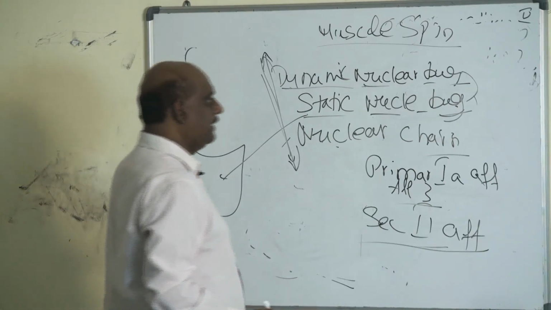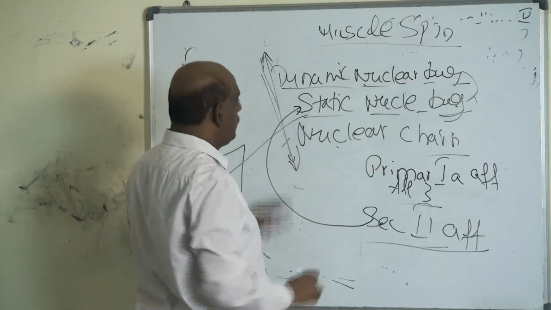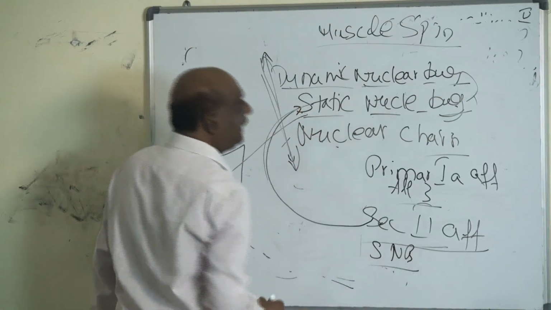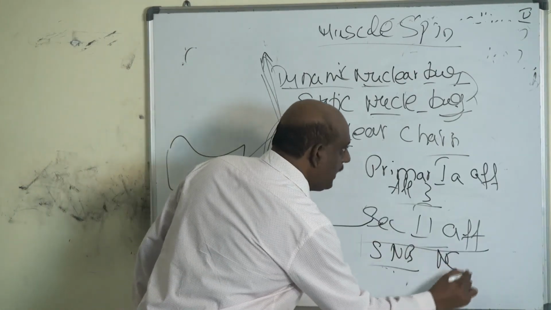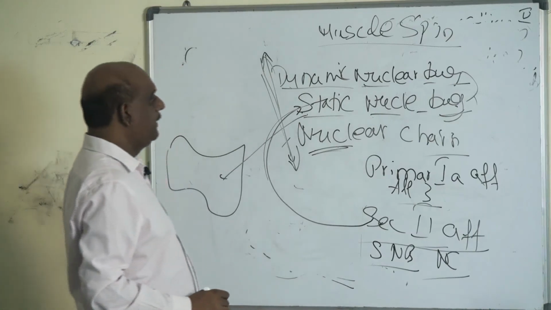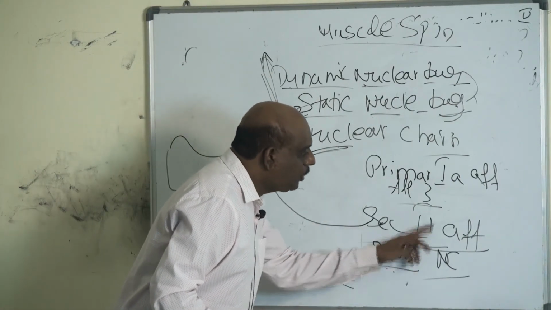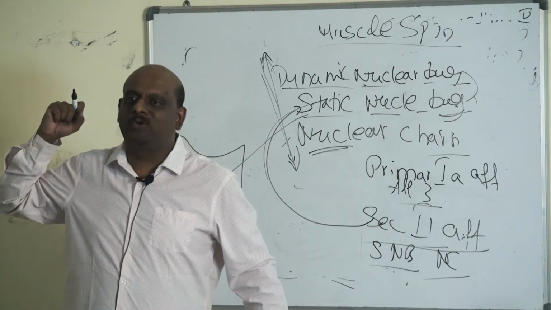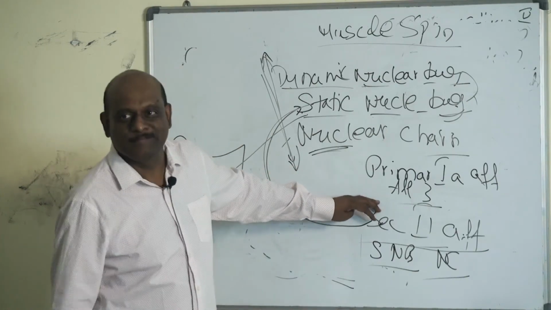Whereas the secondary 2 afferents are there, no, doctor. It is the static nuclear bag fiber and nuclear chain fiber. They are the ones, it is the secondary 2 afferent. Examiner पकड़ के आपको दिक्कत पहुंचाएगा अगर मालूम नहीं है तो.